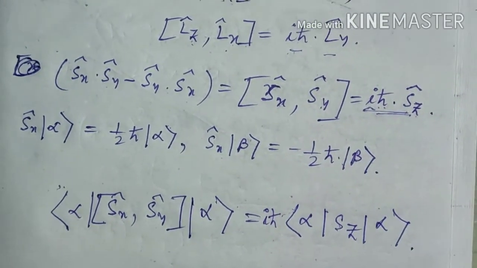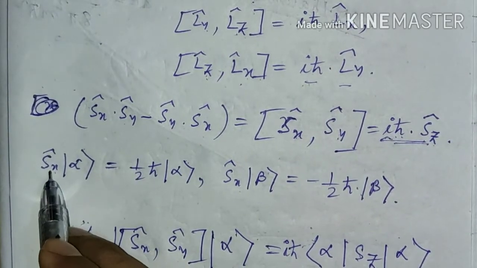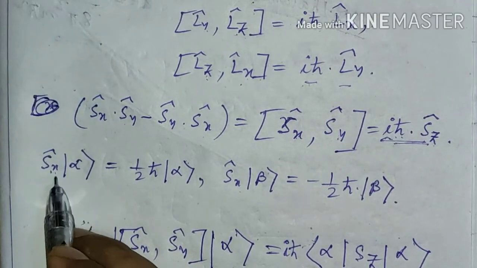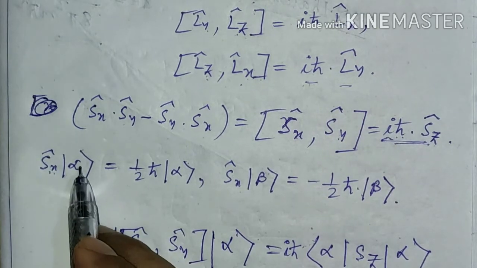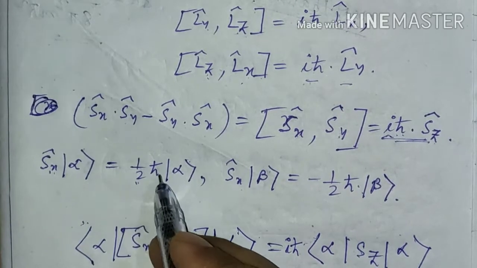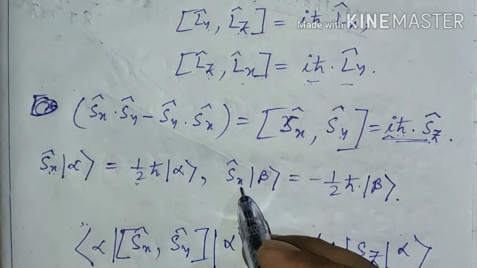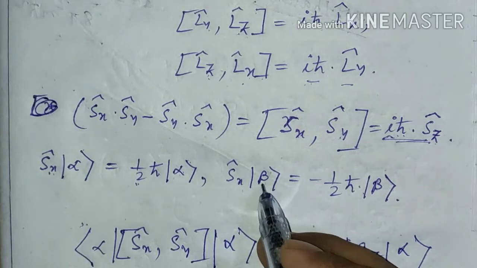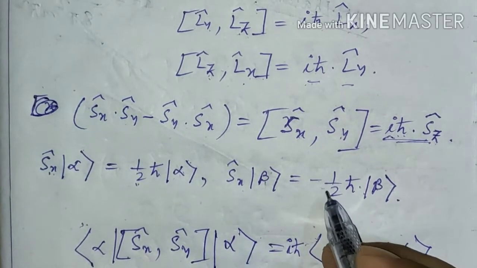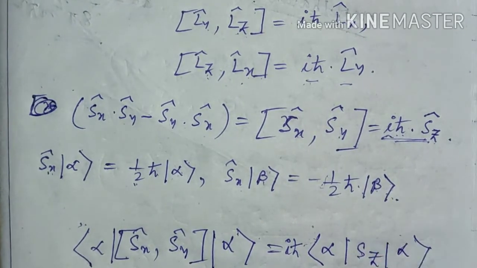Now we have to know another thing, that if the spin angular momentum operator Sz operates on the spin up eigenfunction, then the value will be half ħ times spin up eigenfunction, and if it operates on spin down eigenfunction, then it will be minus half ħ times spin down eigenfunction.